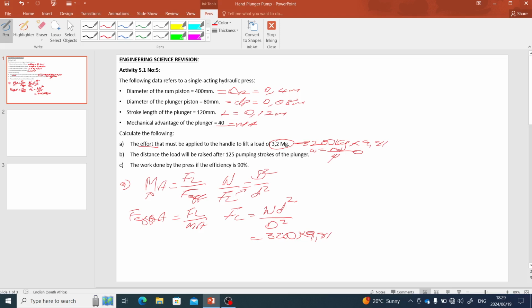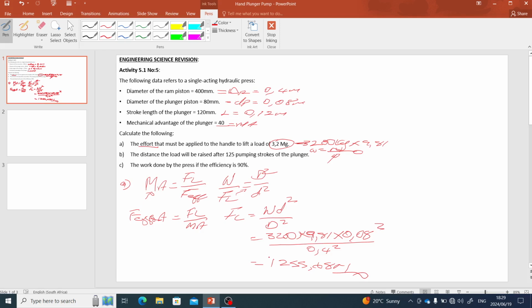All right, it will be multiplied by small d, which is 0.08 squared, divided by big D, which is 0.4 squared. Then our answer for FL will be 1,255.68 Newton. We've managed to calculate our FL.